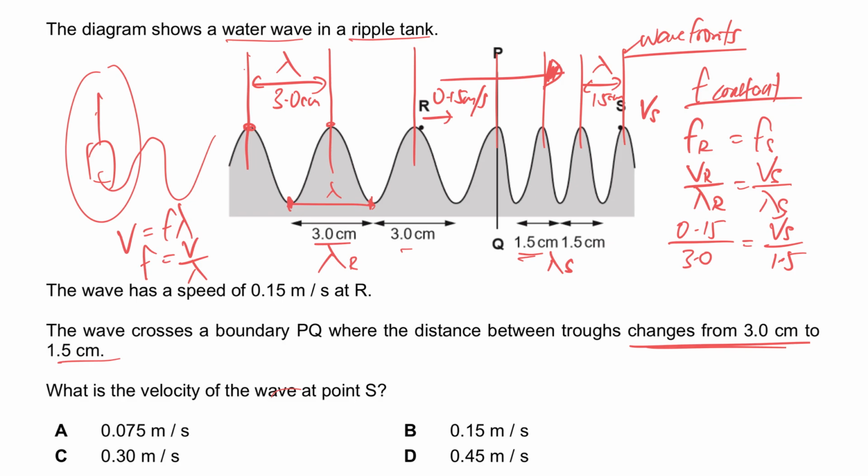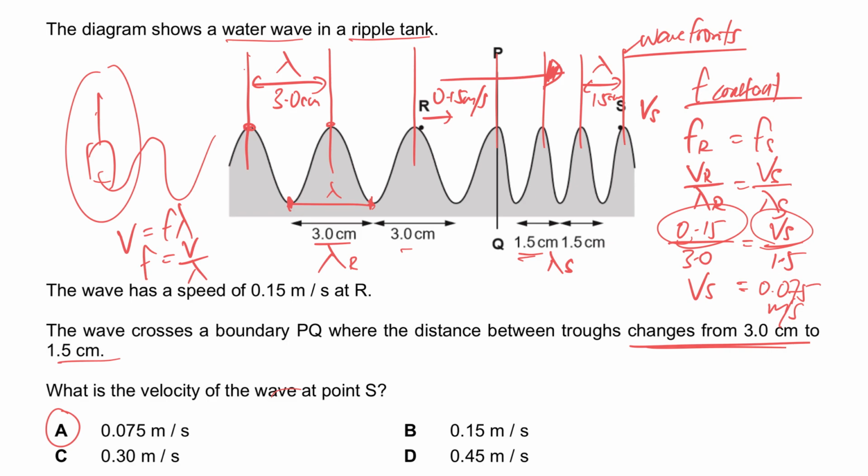So you just solve for VS, and the answer will be 0.075 meter per second. Since the speed is in meter per second, obviously the speed here will be in meter per second also. So the answer will be A.